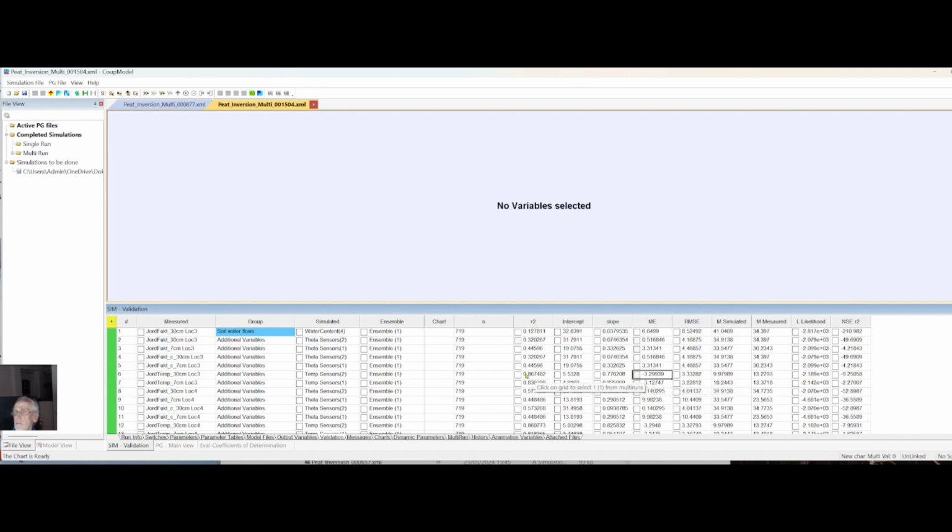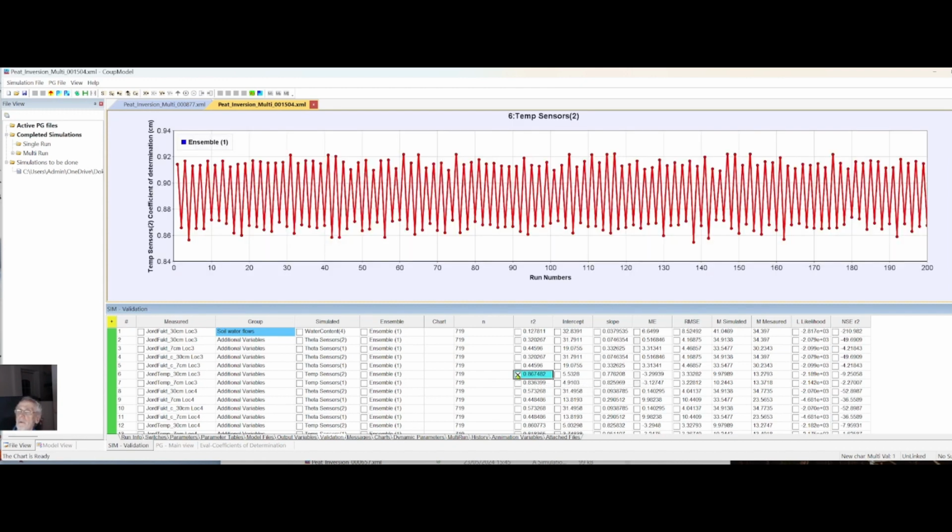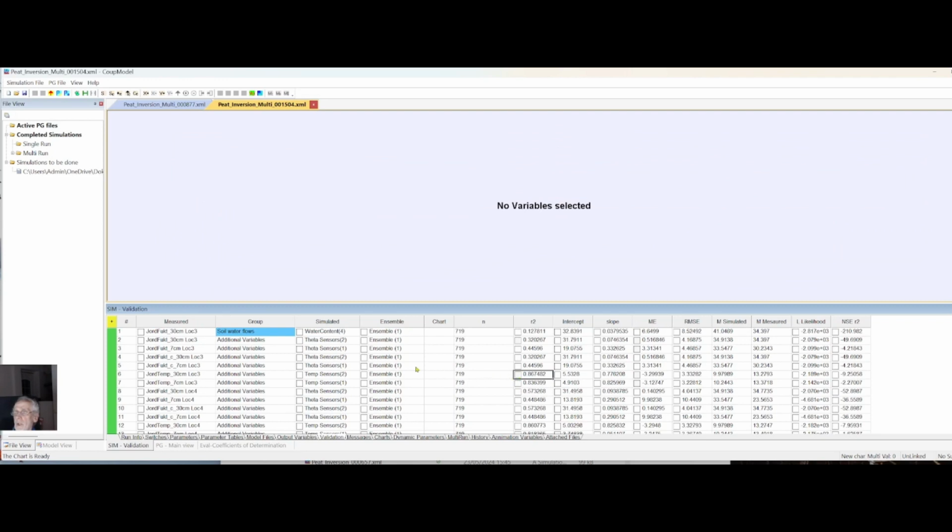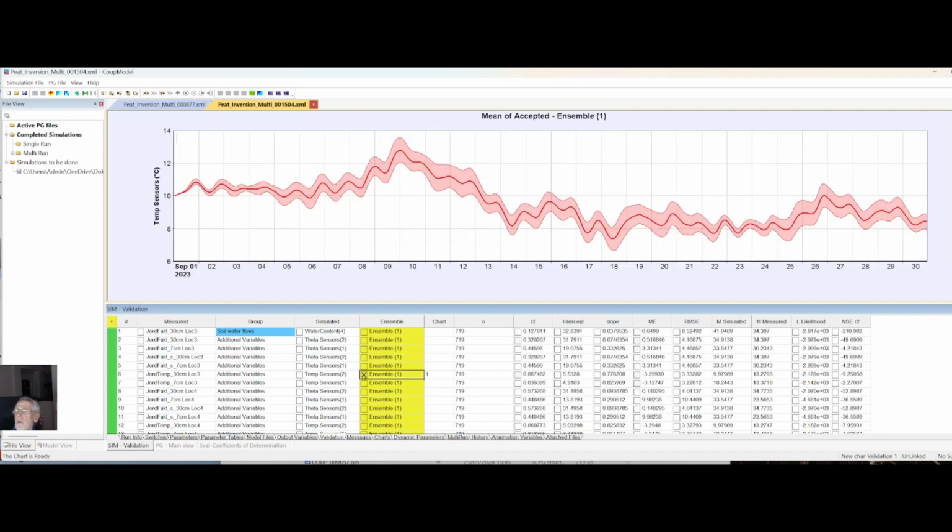But on the other hand, the temperatures have nice performance. They have now R² of up to 0.92, and if we want, we can look to the ensembles of those. First, I right-click and estimate the mean value, and then we could look to the temperature ensemble, and you see the ensemble of the temperatures, and we could compare that with what we have measured.